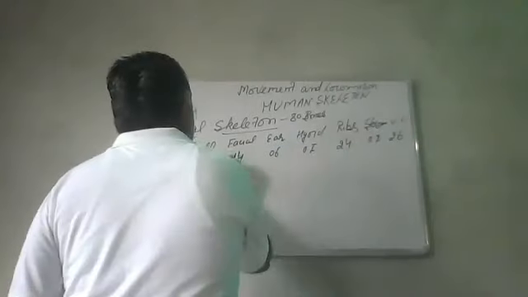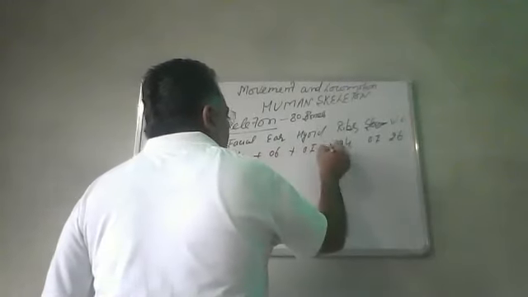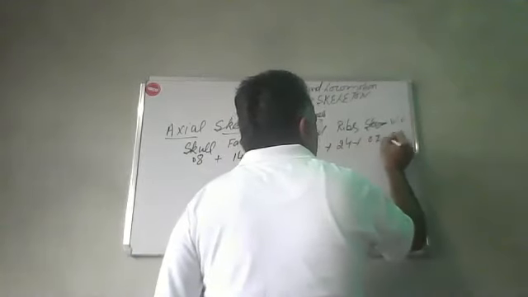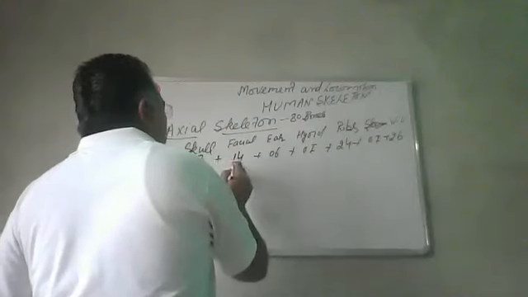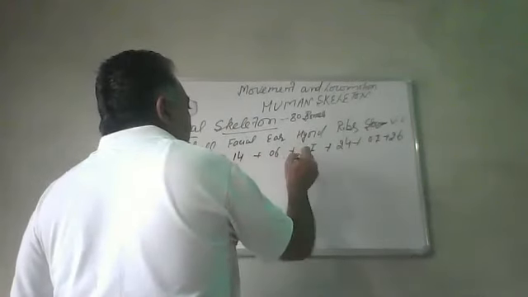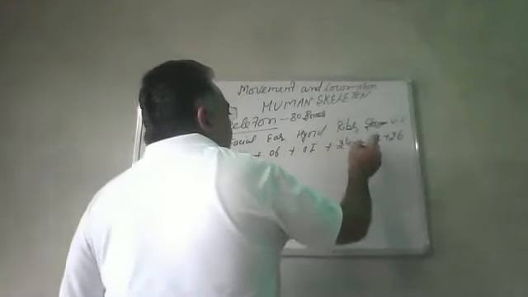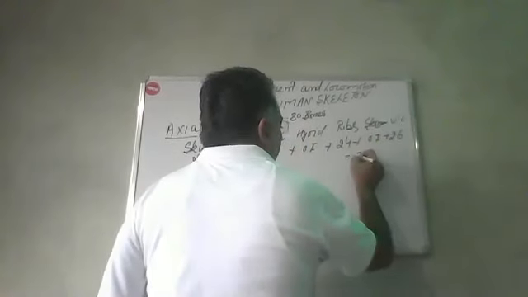Here you can count them: 8 plus 14, 22, 28, 29, 53, 54 and 26, total 80 bones.